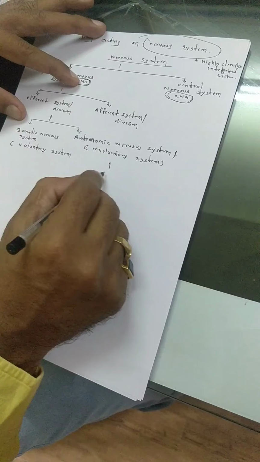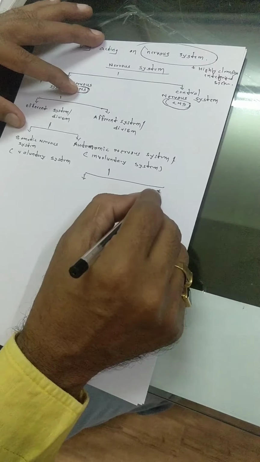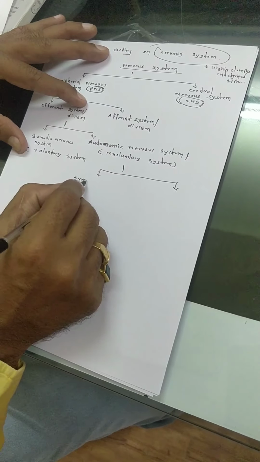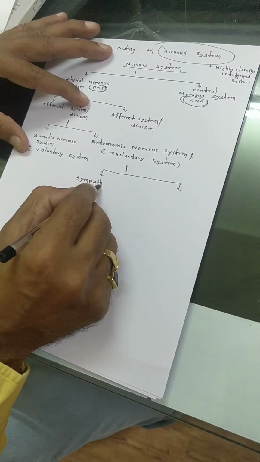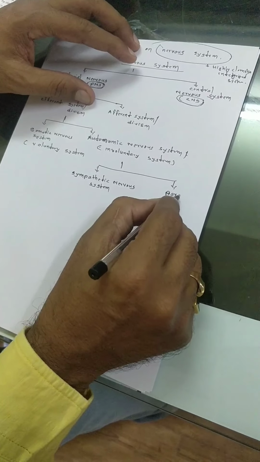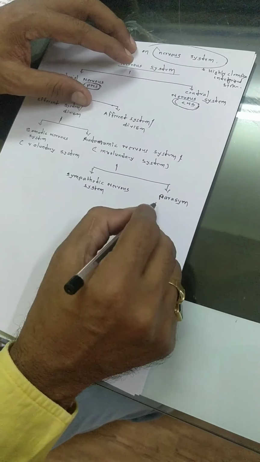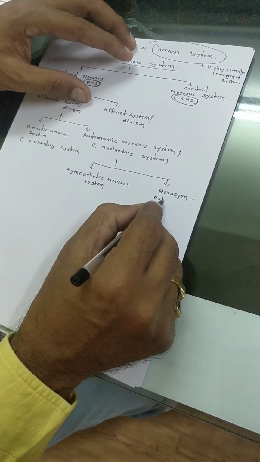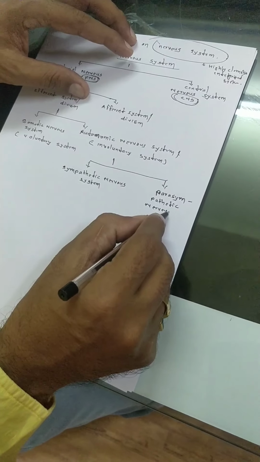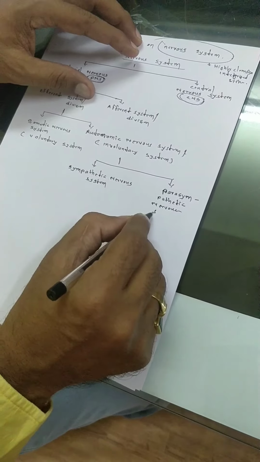And again, the autonomic nervous system can be divided into two types: the sympathetic nervous system and the parasympathetic nervous system.